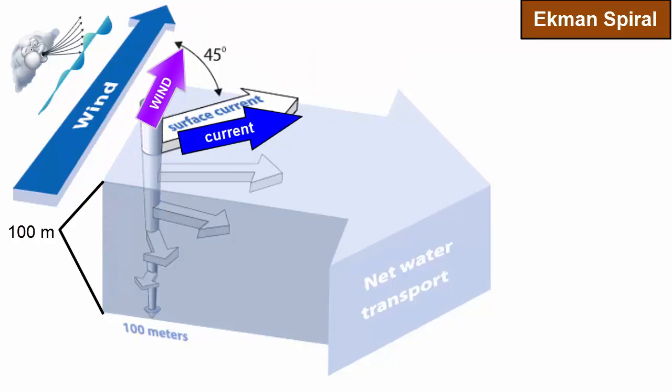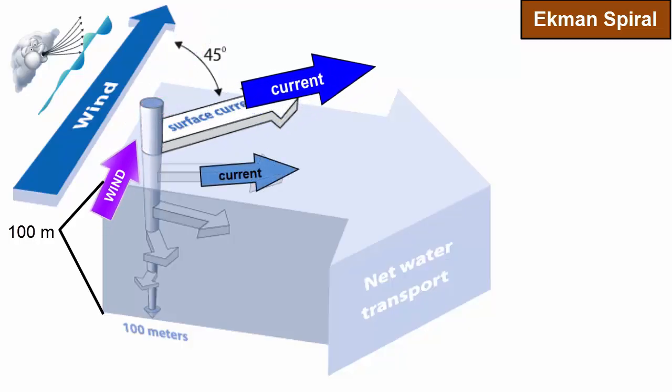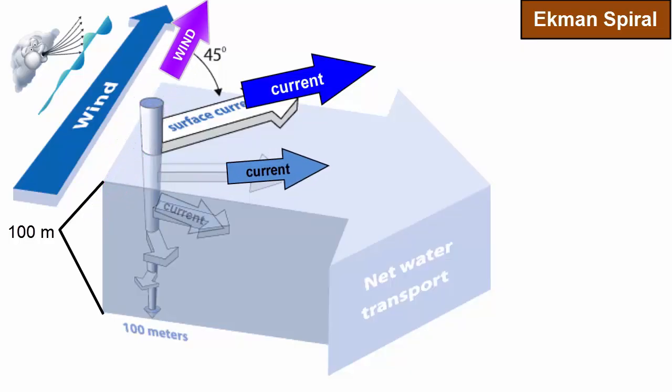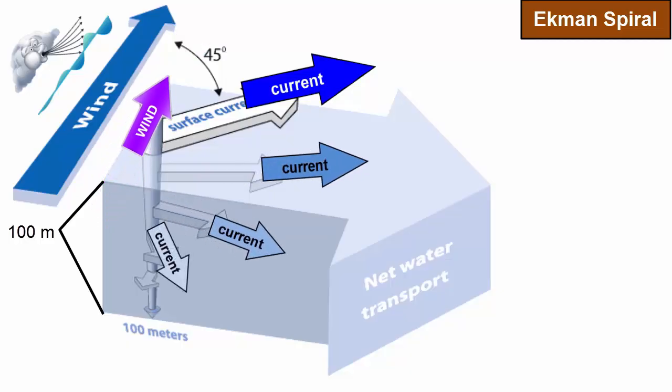Notice that in the Ekman spiral, surface water drags on the water beneath it and makes that water also move, even slower, but generally in the same direction except 45 degrees to the right of the water above it. This dragging happens as we continue deeper into the surface waters until we reach about 100 meters depth.